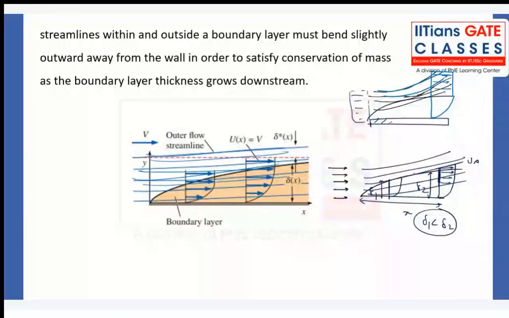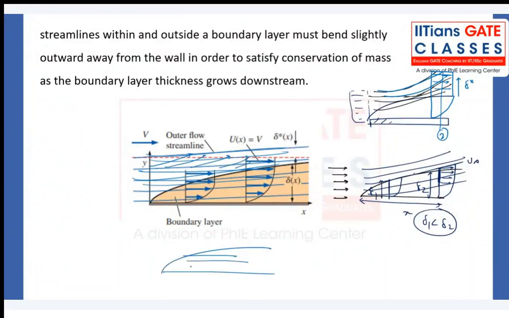We are concentrating our focus at section 2. It is just an assumption that we are providing some extra thickness, that is delta star, so that mass flow rate can be increased. But in reality, the boundary layer will not flow like this.